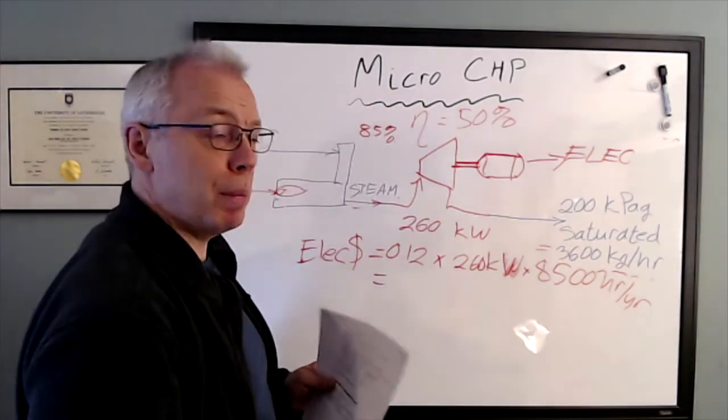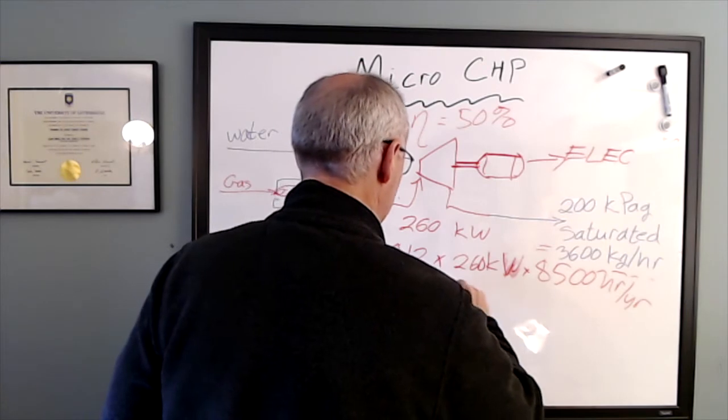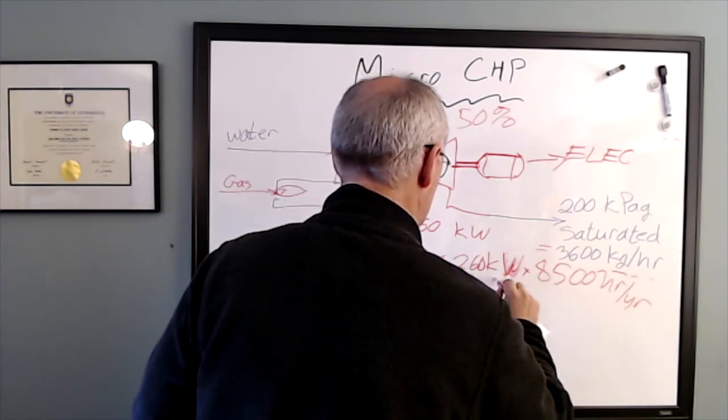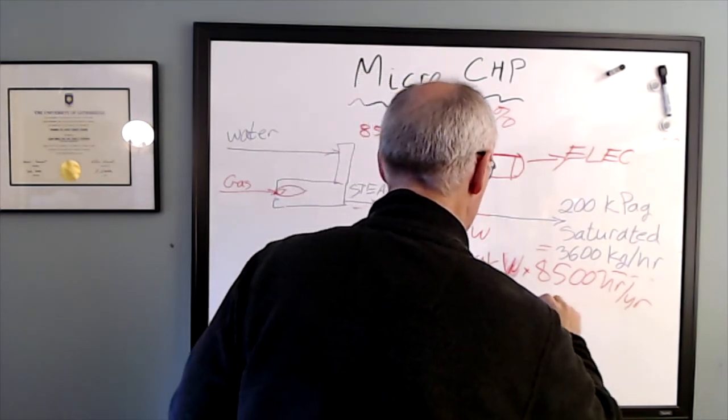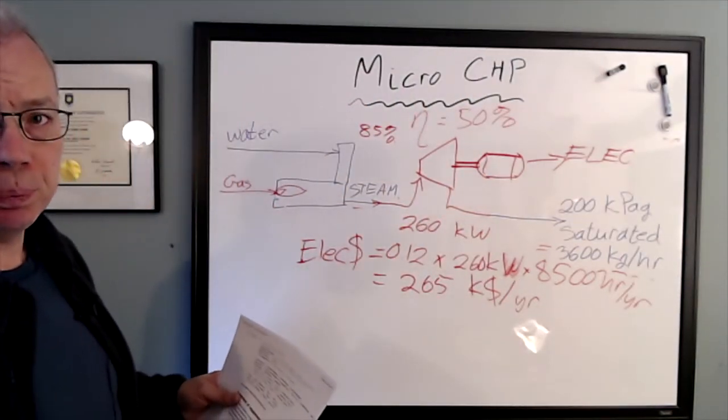And we go through the math, and what we get is $265,000 per year in electricity that we've made.